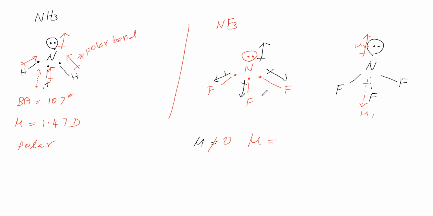Therefore, no doubt, the dipole moment of NF3 is smaller than the dipole moment of ammonia, we can say. The dipole moment of NF3 is 0.23 D. This dipole moment is smaller than the NH3 dipole moment.